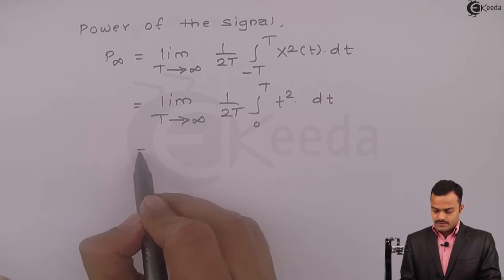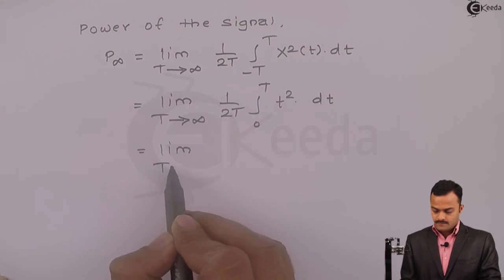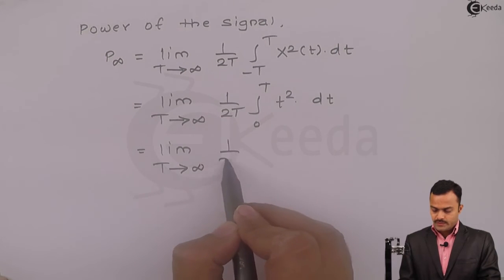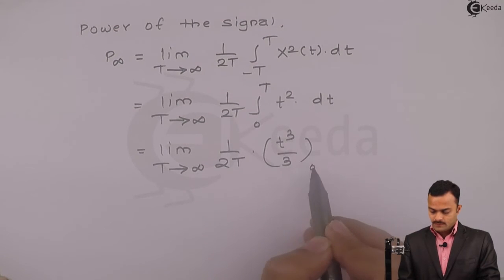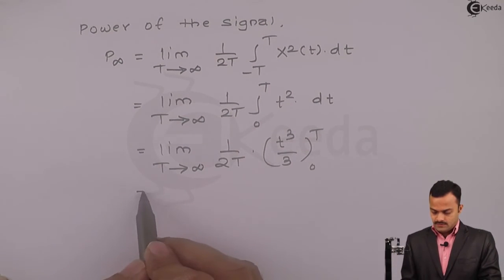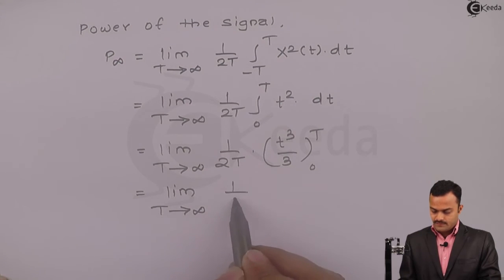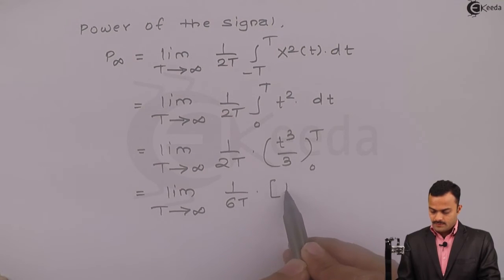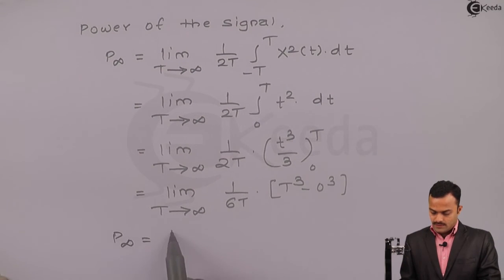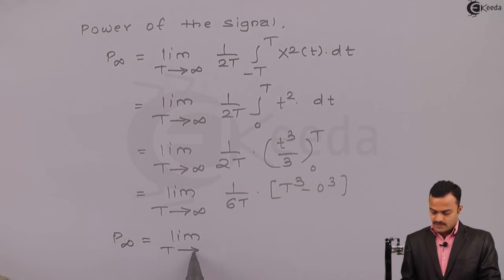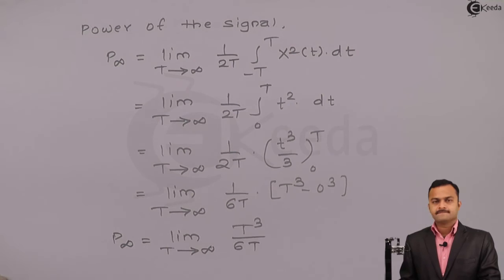So here we will solve this limit by first solving the integral. T cube by 3, 0 to t. So after simplifying and applying the limits, we'll get this. In the end, which can be written like this: t cube upon 6t.